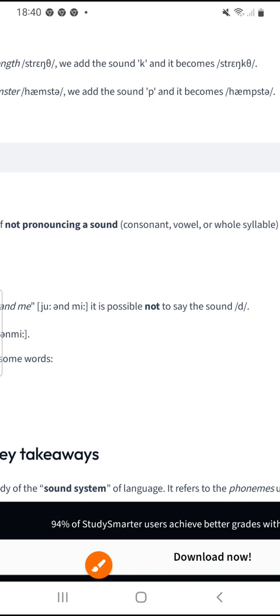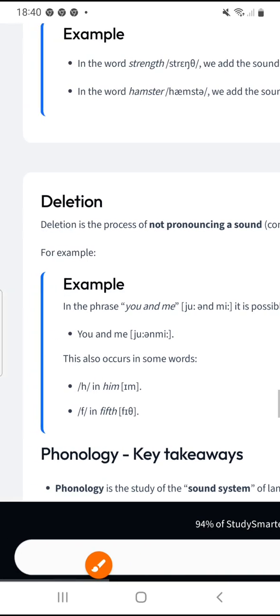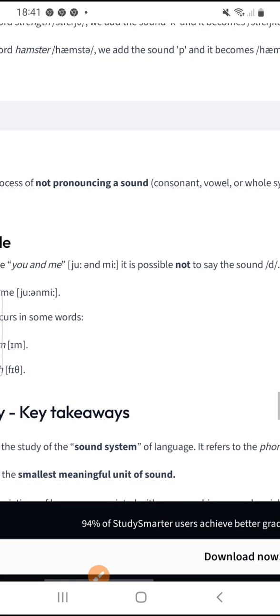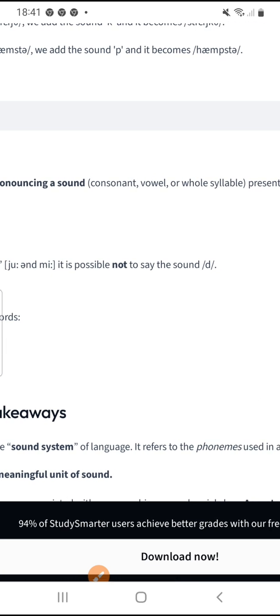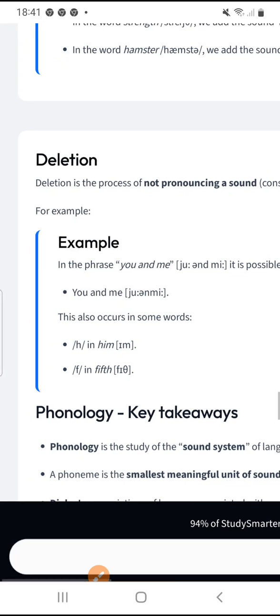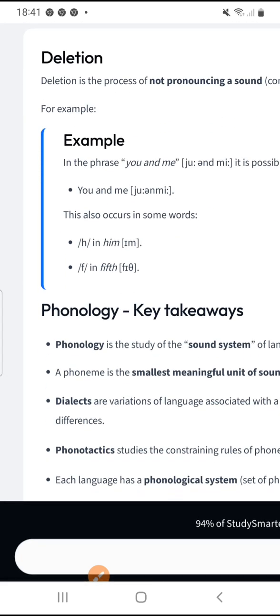In the word hamster, we add the sound P, so it becomes hamster. Another example we are going to see. Now deletion.